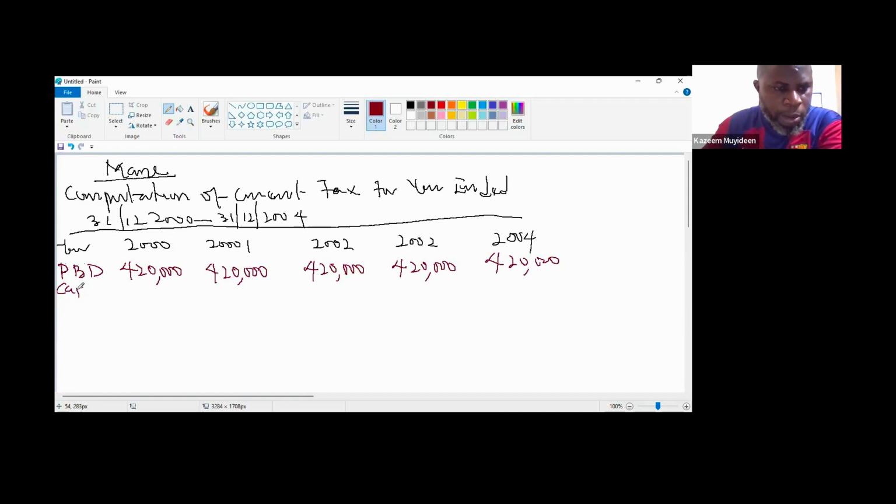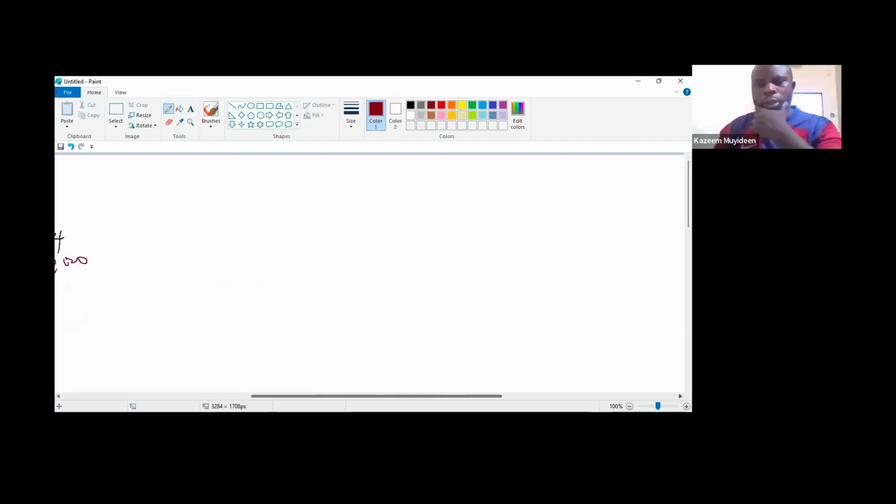Capital allowance. With the tax authority, how do they grant capital allowance? It's granted at 20%. So let's calculate capital allowance and depreciation.